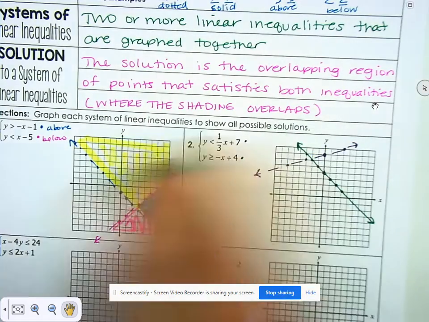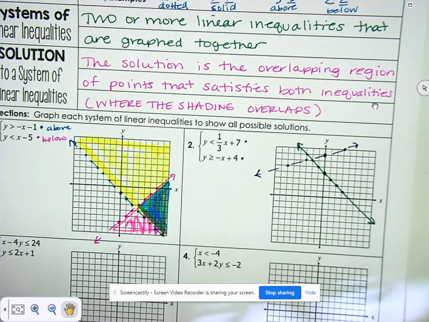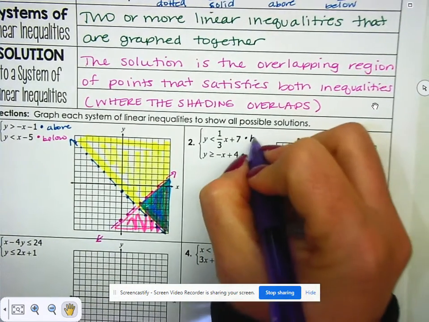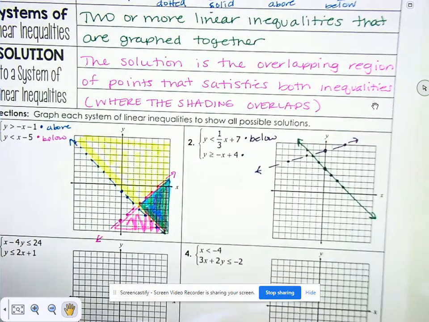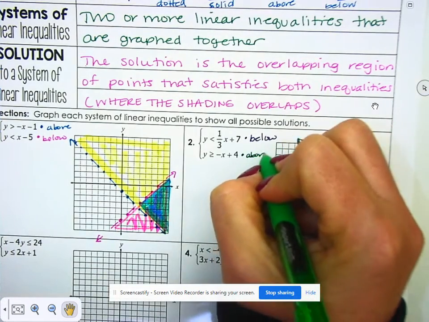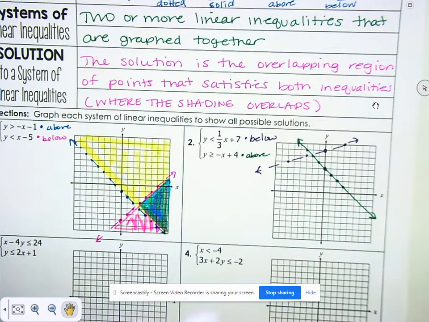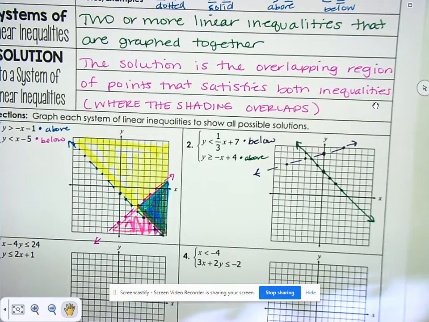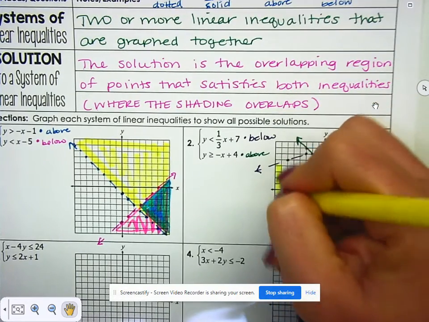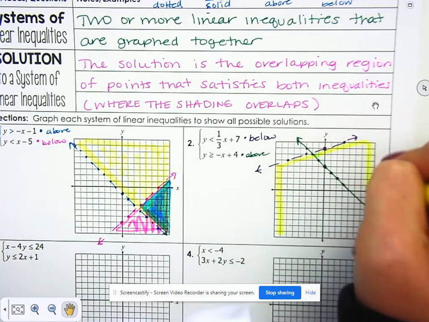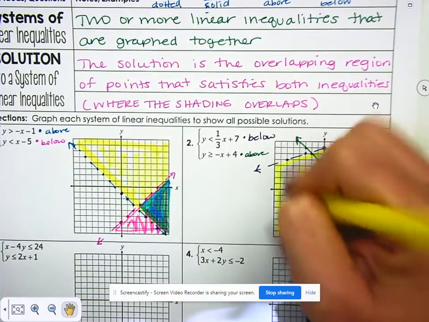So let's talk shading. Again, this top one is less than, so it's below. And the bottom one is greater than or equal to, so it's above. So top one, that's the purple line. We're going below the purple line, so that's everything down here.